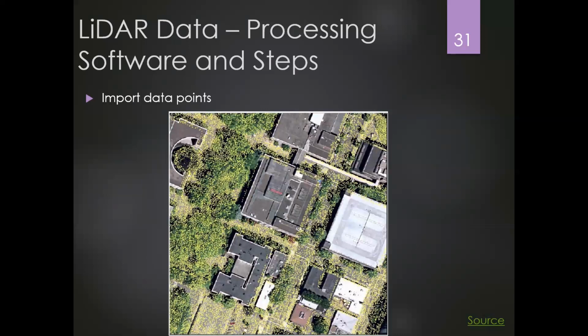Each yellow point here is a raw data point, right? Some of them are within the area of vegetation. Some of them are along the roads. This is a road, this is another road, and we can see a lot of building roofs.